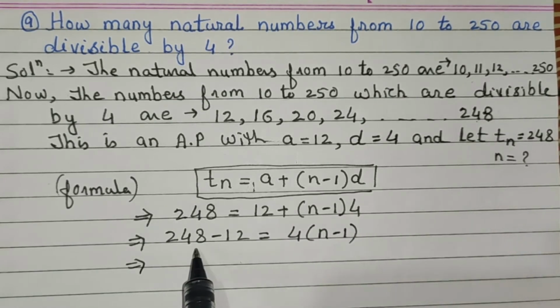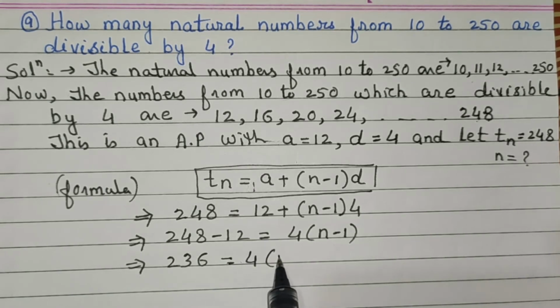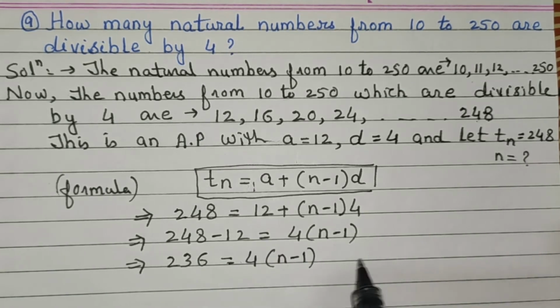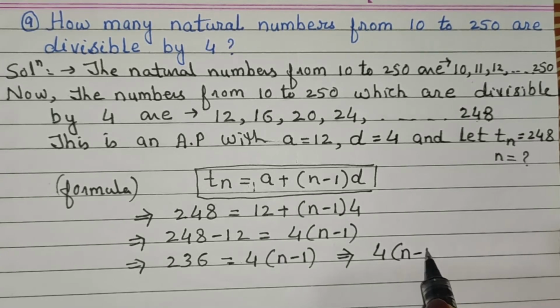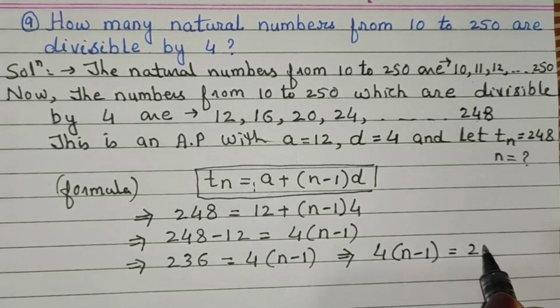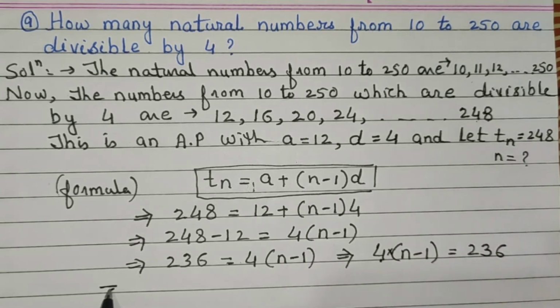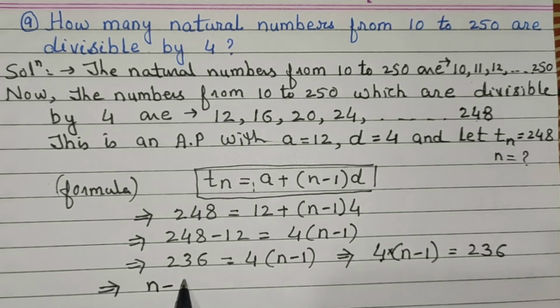Now 248 minus 12 is 236, equal to 4 into n minus 1. Now it can be written as 4 into n minus 1 is equal to 236. Dividing both the sides by 4, we get n minus 1 is equal to 236 upon 4.